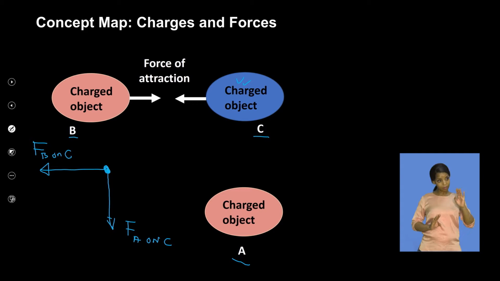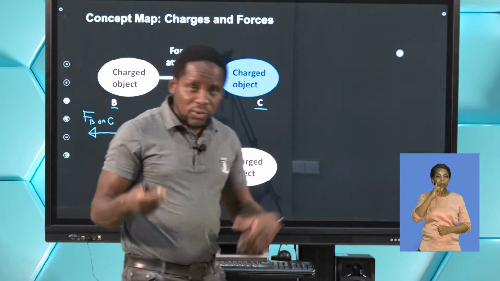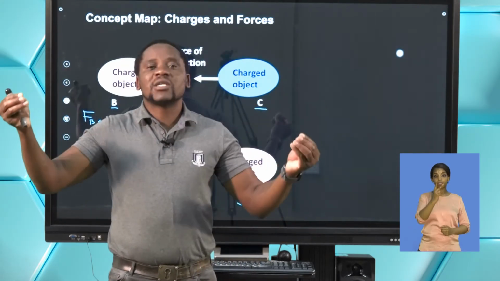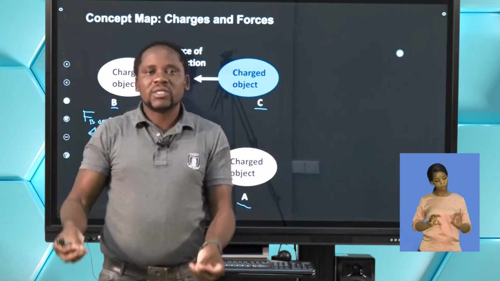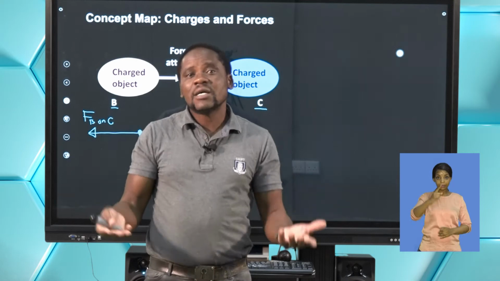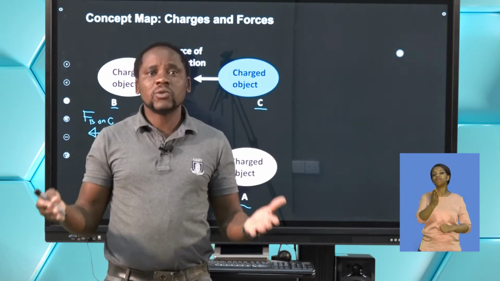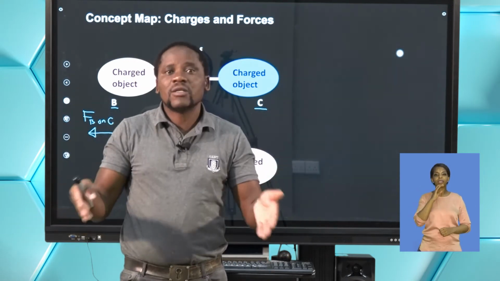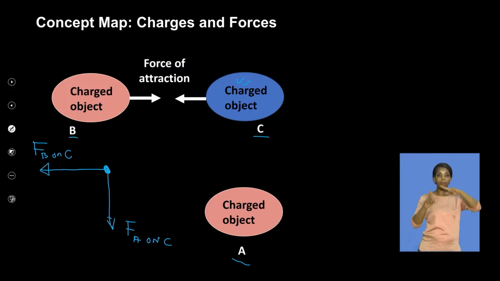Now, why do we have two forces in this case? You'd realize there are two objects that exert simultaneously a force on object C. When that happens, there will also be two forces. Now, if you think about the net force that acts on C, due to both B and A, it will be in that direction.